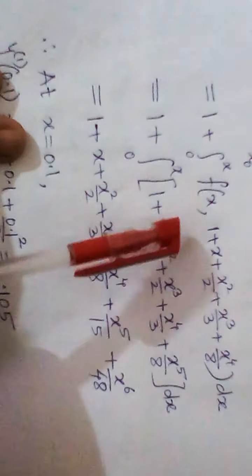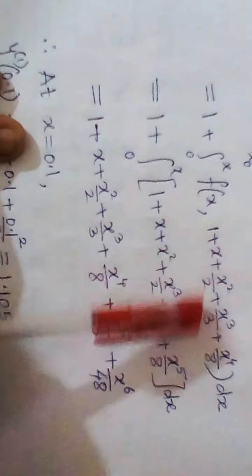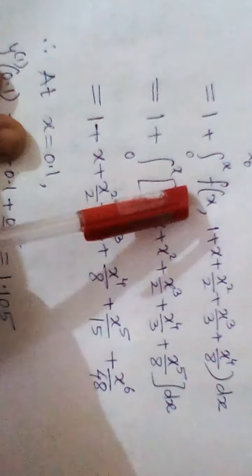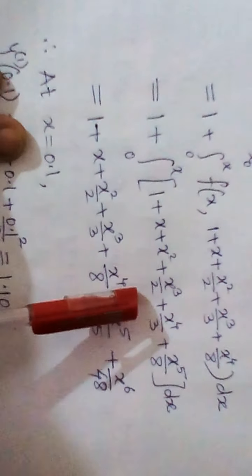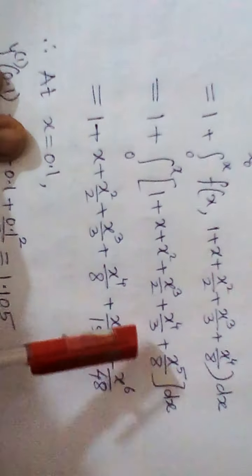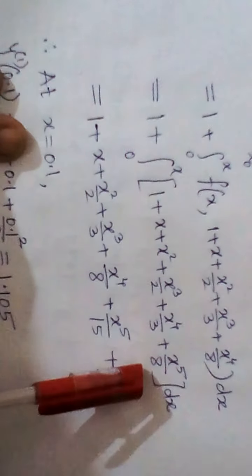You can immediately see this is 1 plus the product of the coordinates. So this is x into 1, x into x square, x into x square by 2. You got x cube by 3. Similarly, x raised to 4 by 3 and plus x raised to 5 by 8.